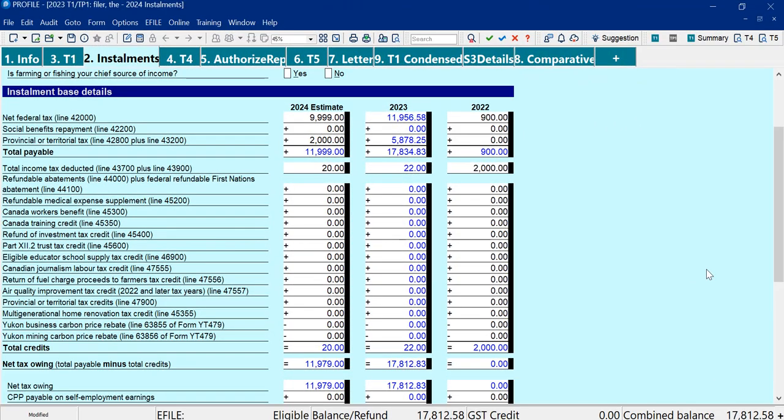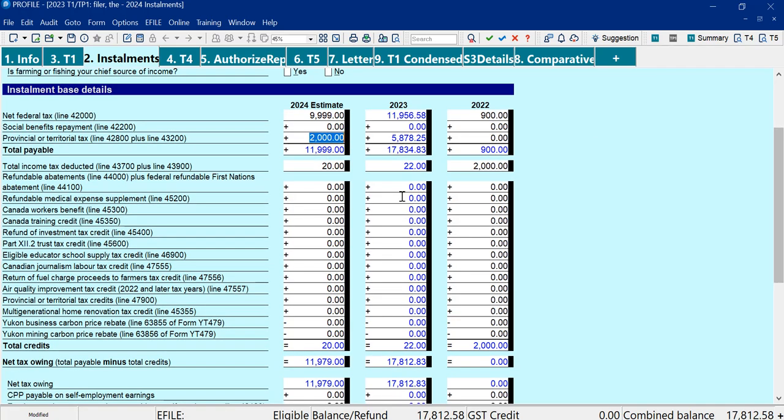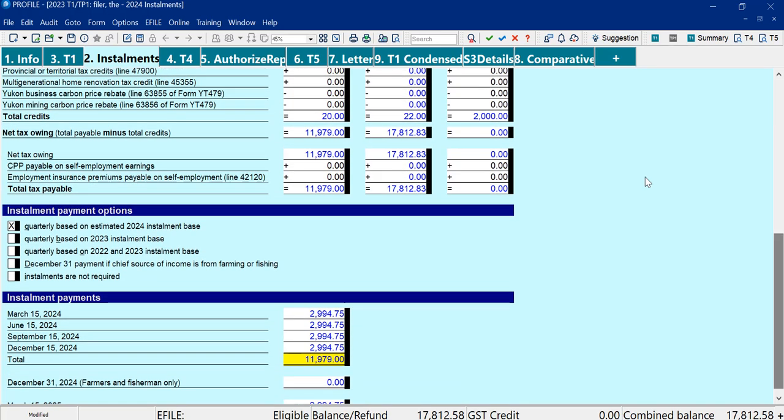If you do want an estimate of installments, you can fill out the 2024 estimates. So I put in an amount here. You can fill out the columns, in other words. And if I scroll down now, I can see Profile changed it to quarterly based on the estimates of 2024.